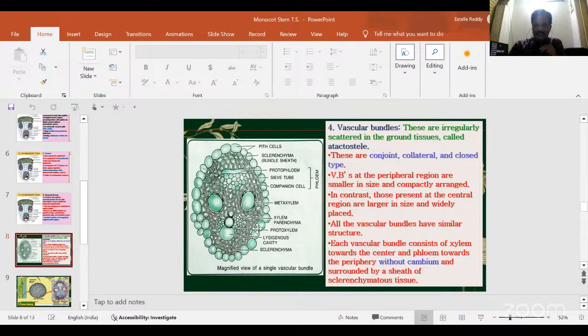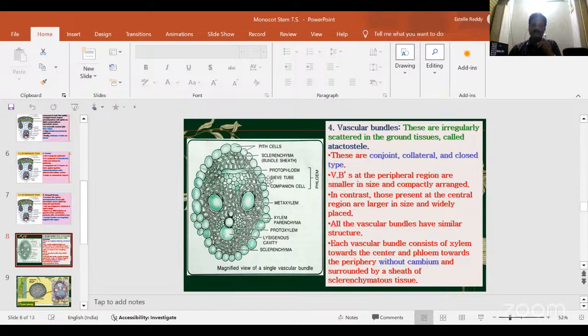And each vascular bundle is enclosed with a sclerenchymatous bundle sheath. These cells are sclerenchyma cells. It forms a sheath around the vascular bundle.